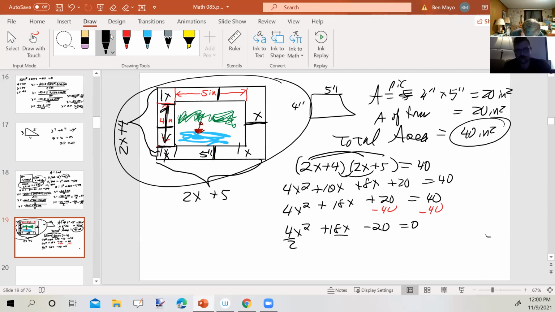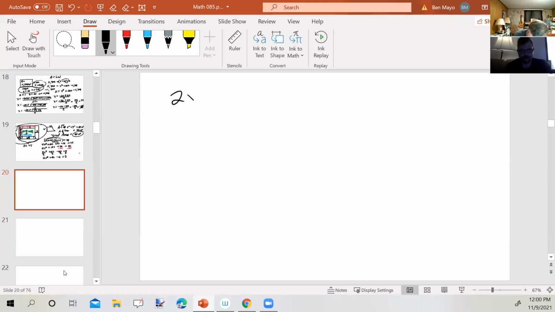Everything's even. We can divide by 2 and reduce it down: 2x squared plus 9x minus 10 equals 0. Okay, so let's take that equation, 2, 9, negative 10, and put it in the quadratic formula and find out what we get for x.